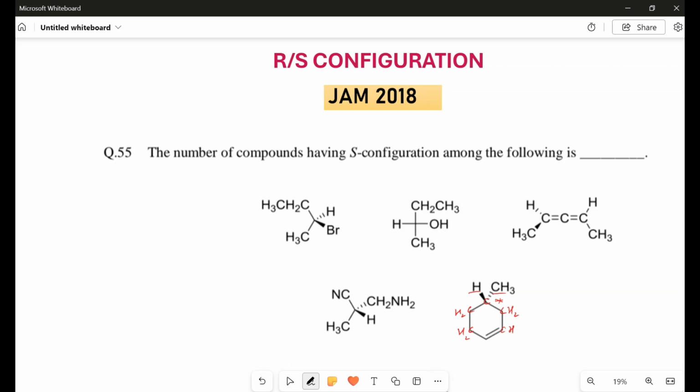Among these, this carbon has three hydrogens, whereas this carbon has two hydrogens and one carbon, and this carbon also has two hydrogens and one carbon. So at the first point of difference, this one is ruled out. It is not coming under one or two priority. Among these two options I have a confusion, because this also has hydrogen, hydrogen, carbon, and this also has hydrogen, hydrogen, carbon.